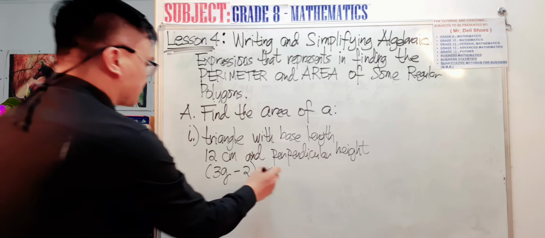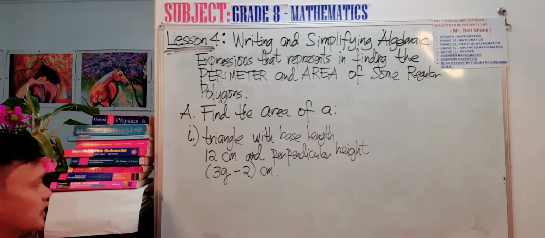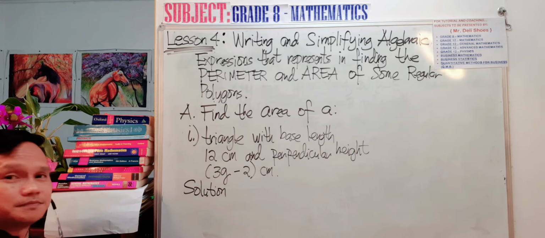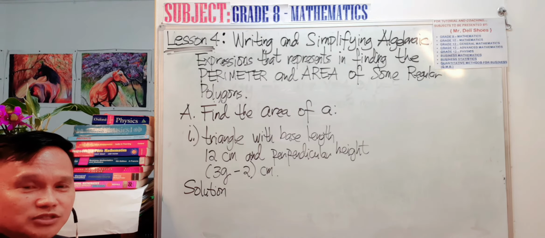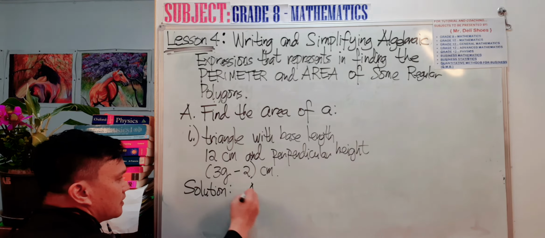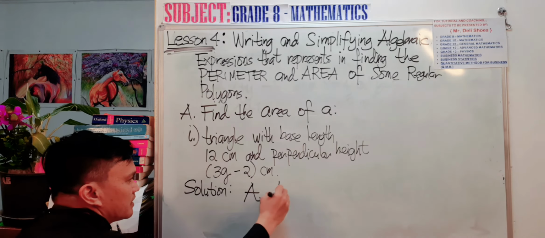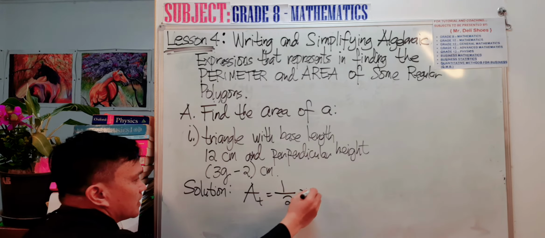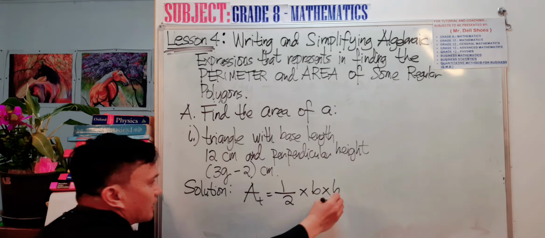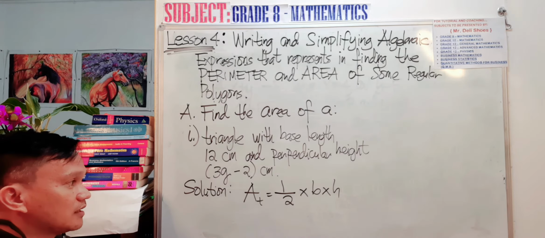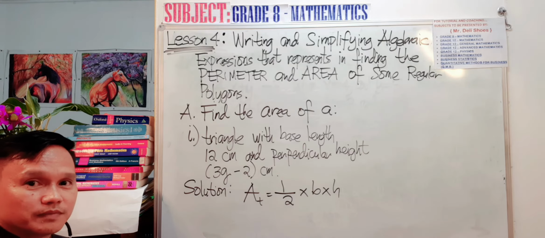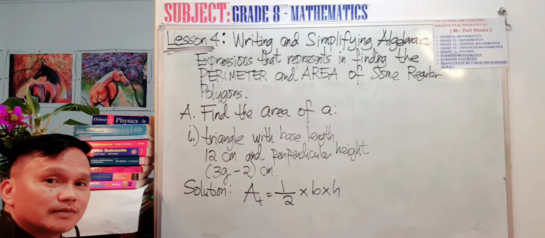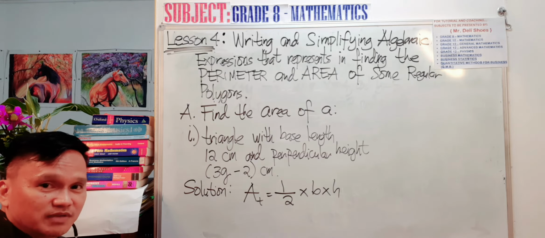Okay, so let's work it out now together here. What is the formula for finding the area of a triangle? The area of a triangle is equal to one half times base times height. The challenge here is actually on simplifying the algebraic expression after you have substituted the values of the variable.